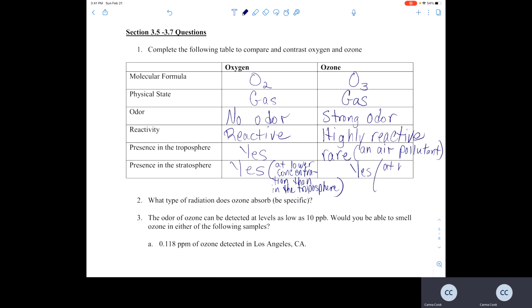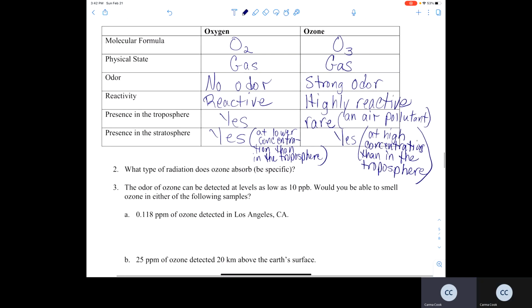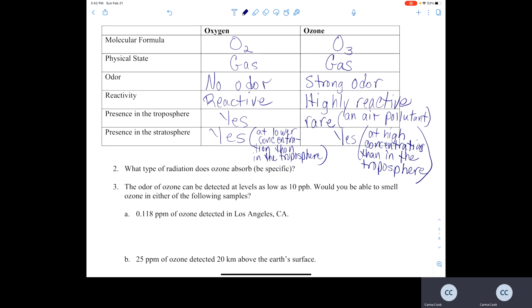And it's at higher concentrations than in the troposphere. And so ozone can absorb UVB and UVC radiation.